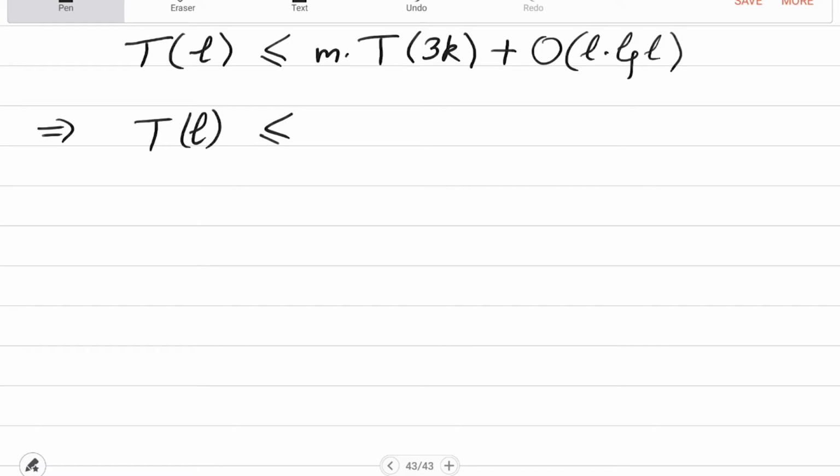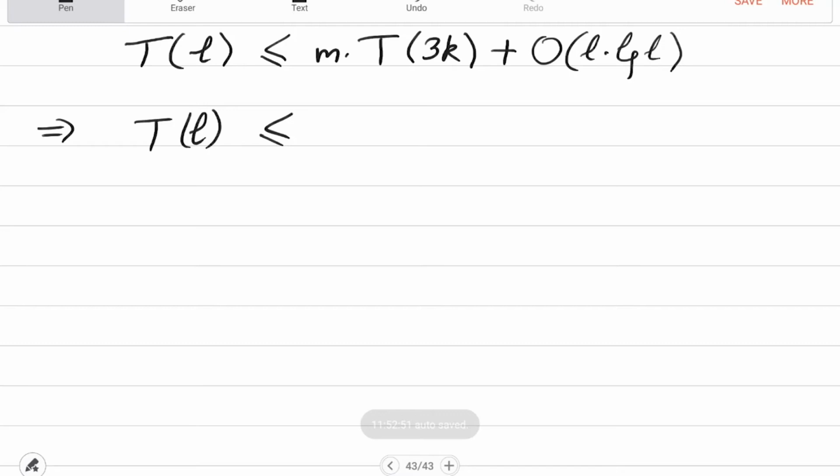So what is this as a function of L? Without the 3, it was, as we solved before, L log L log log L. But there is a 3 multiplying now, so this gives you an extra factor. What's the factor? I would say this is L times 3 by 2 log log L. Will this work?